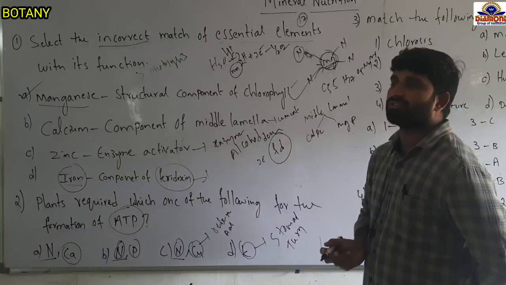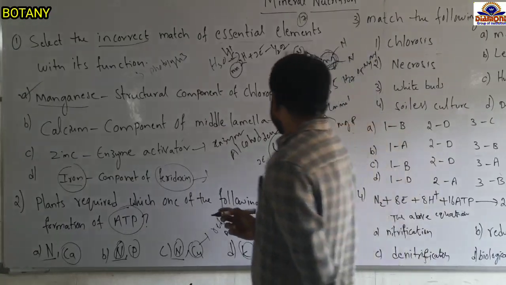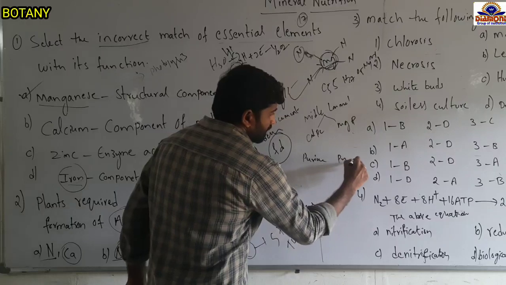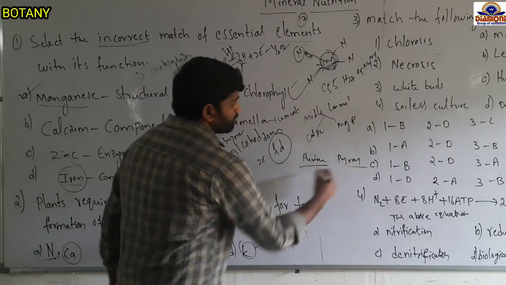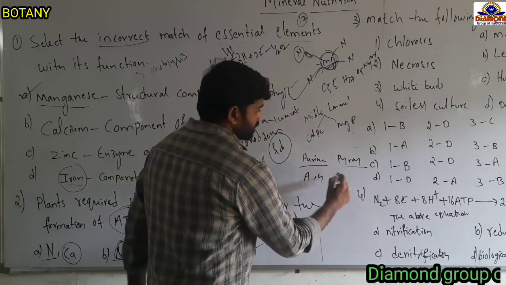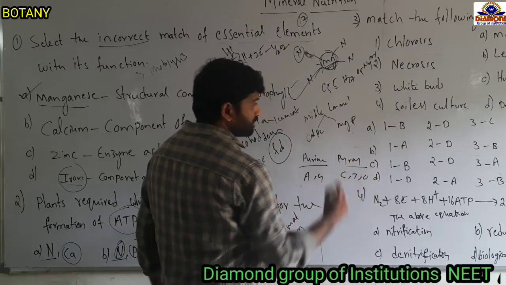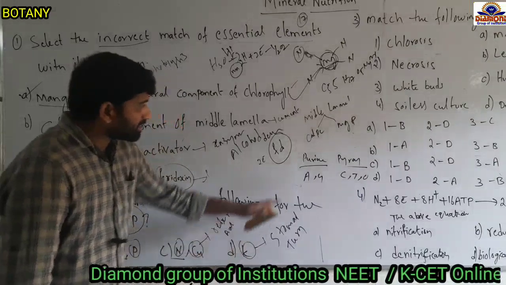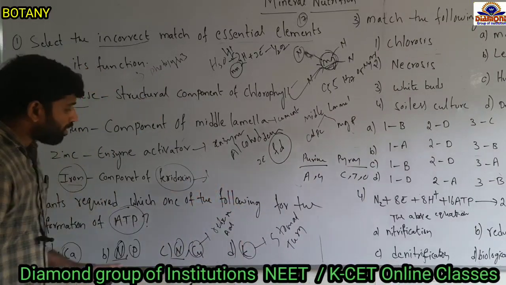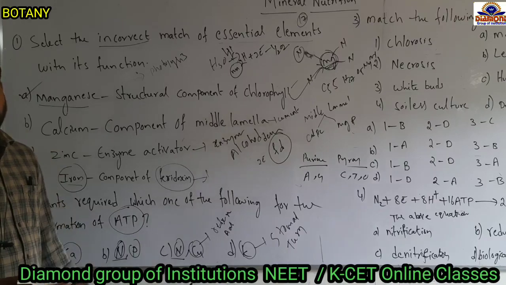The nucleosides and nucleotides have nitrogen bases as purines and pyrimidines. Adenine and guanine are purines; cytosine, thymine and uracil are pyrimidines. These all are nitrogen bases only.